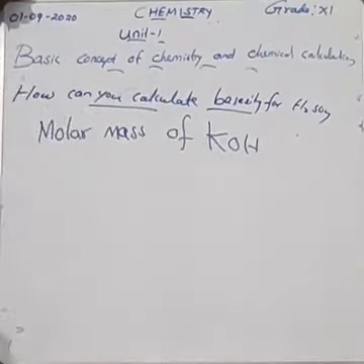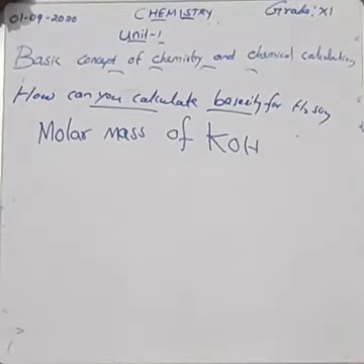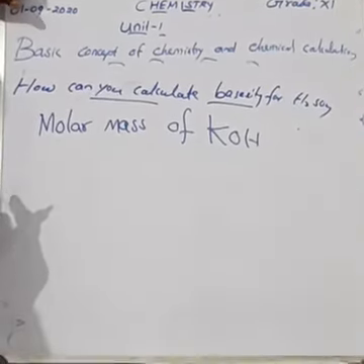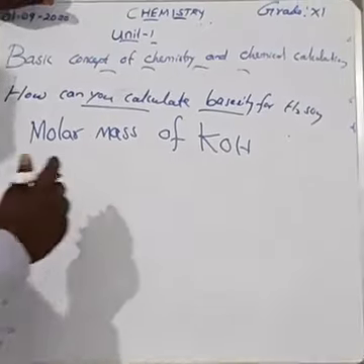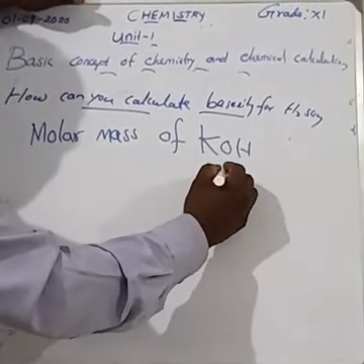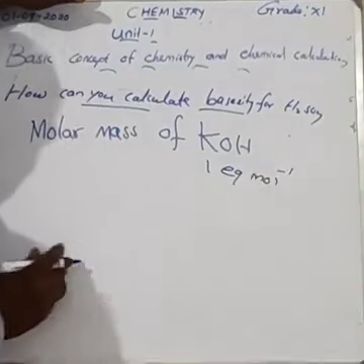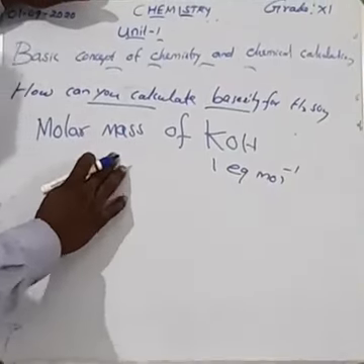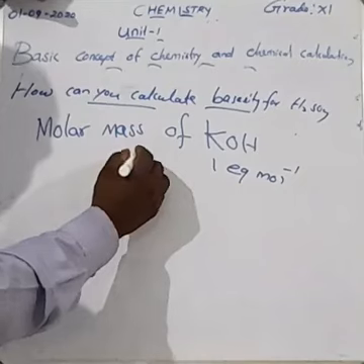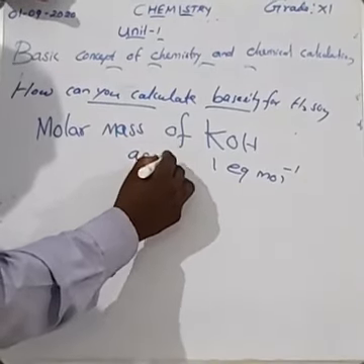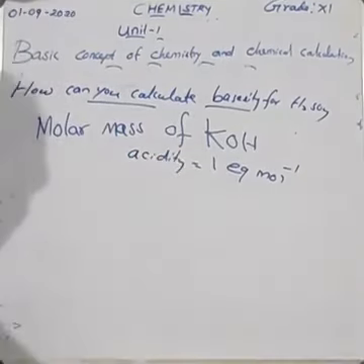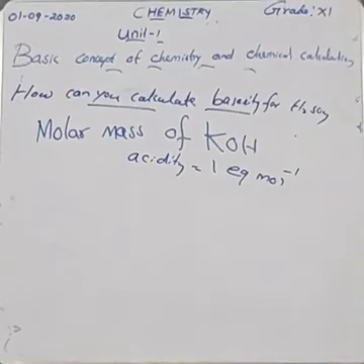So ionizable OH is 1. So the acidity is equal to 1 equivalent mole inverse. That is what? Acidity is equal to 1 equivalent mole inverse.